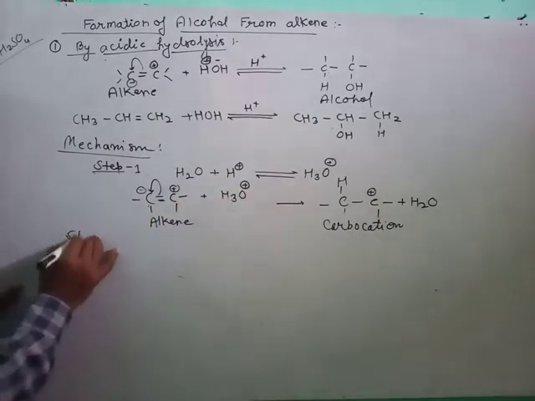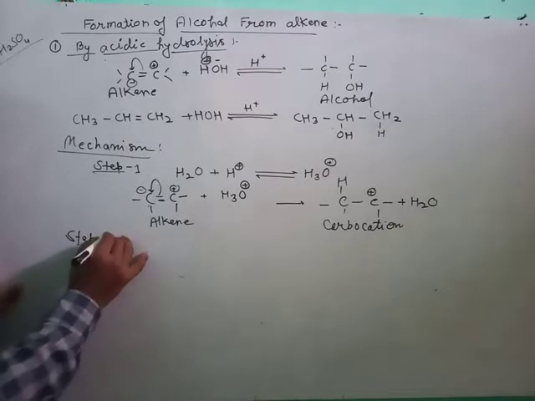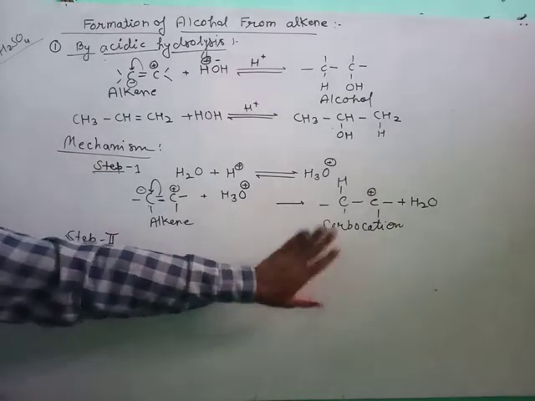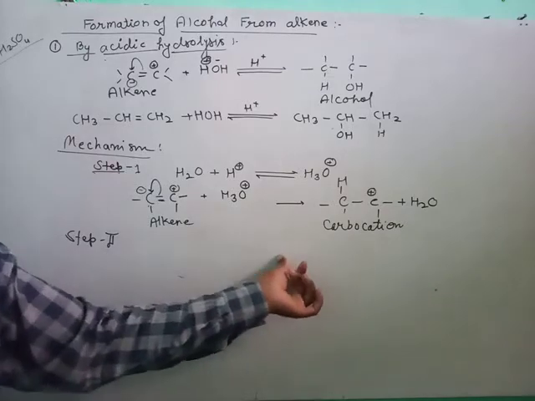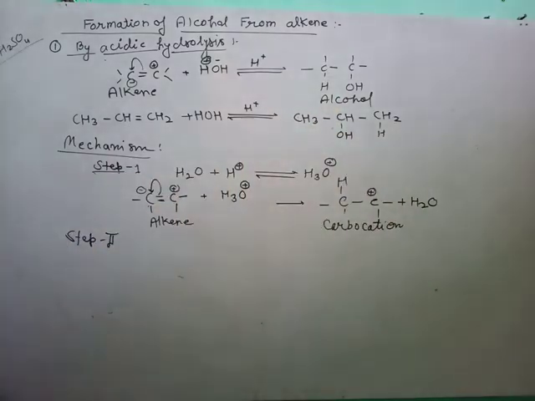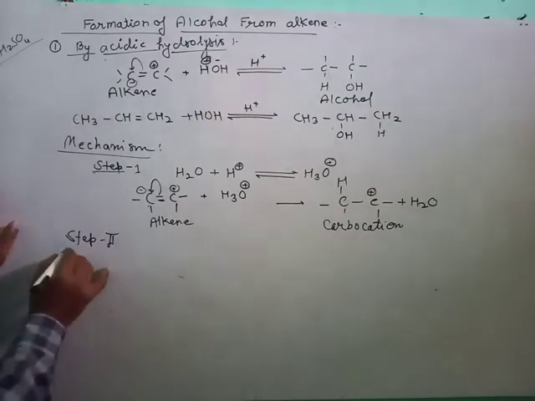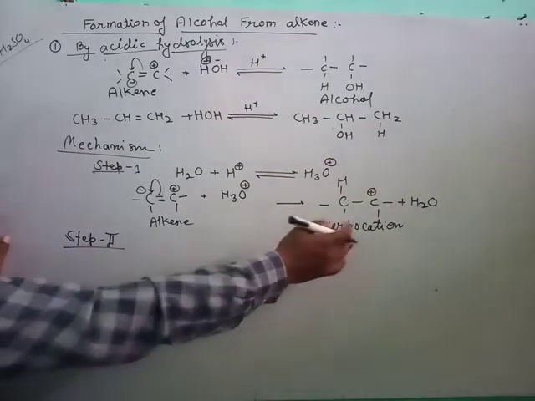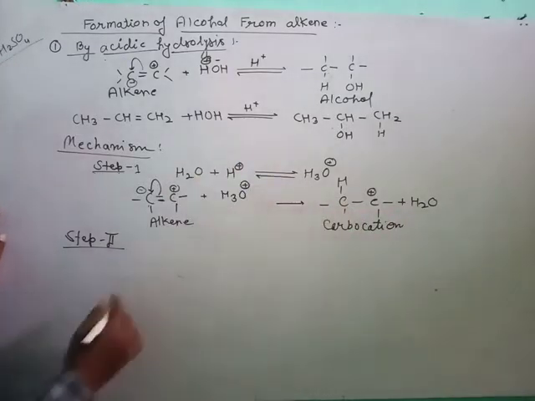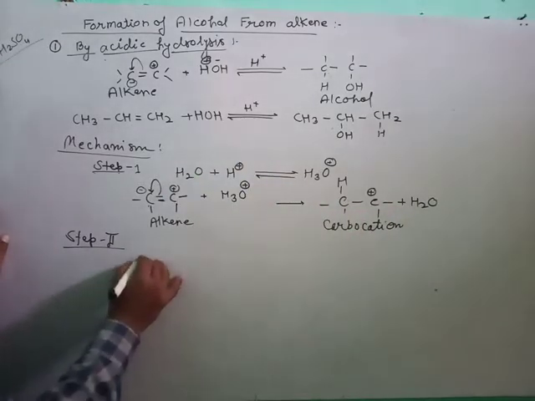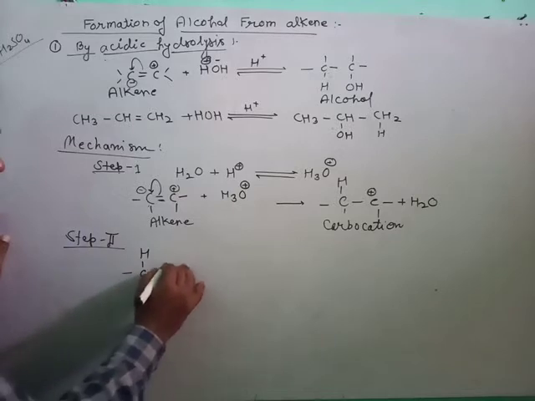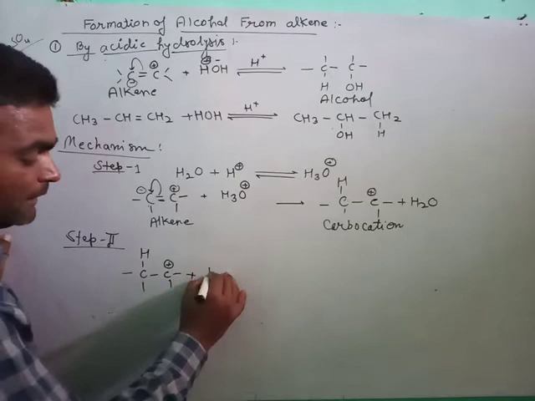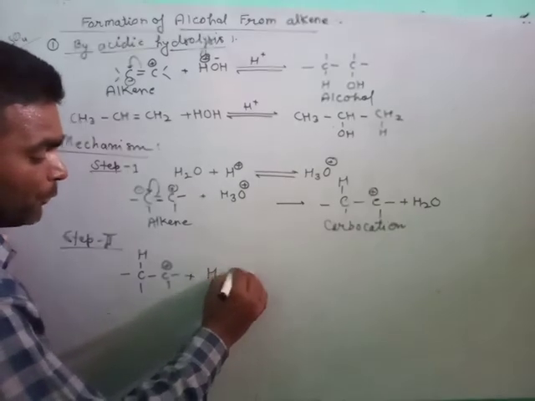And in the second step, the carbocation bonds with an H2O molecule and forms a most reactive intermediate, and the reaction can be seen as we take these two last products, C single bond H single bond C carbon positive plus H2O.